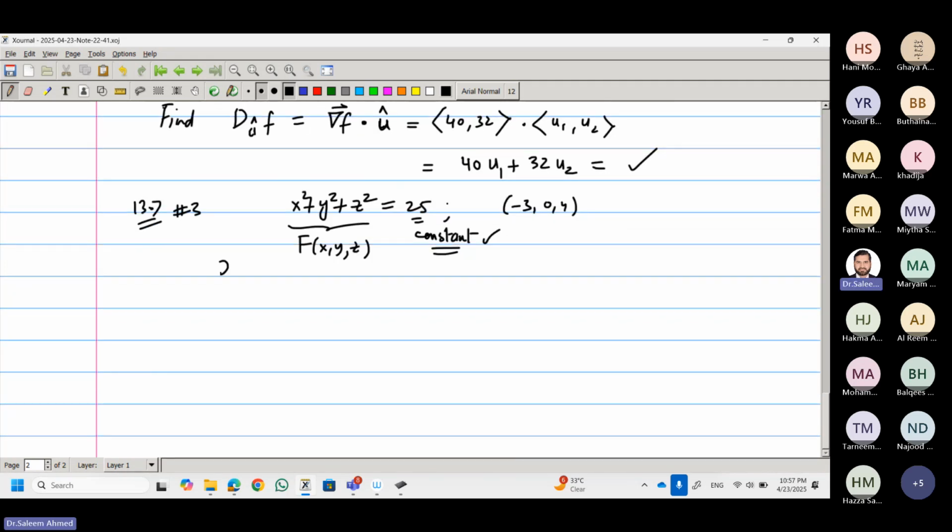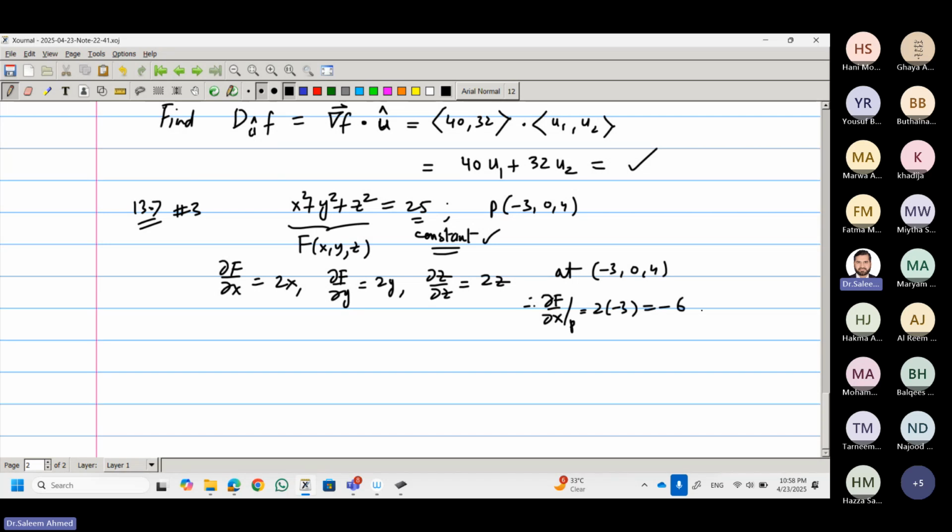Now, what do I need? I need the derivative of F with respect to x, with respect to y, and with respect to z. With respect to x, it is 2x. With respect to y, it is 2y. With respect to z, it is 2z, right? Now calculate all of these at the point (-3, 0, 4). So partial F by partial x at P: x is -3, so 2 times -3 is -6.